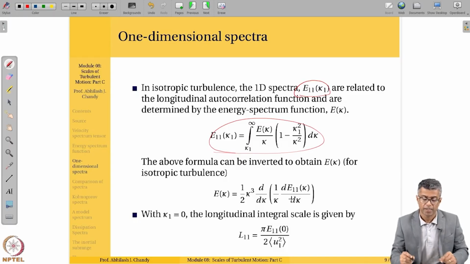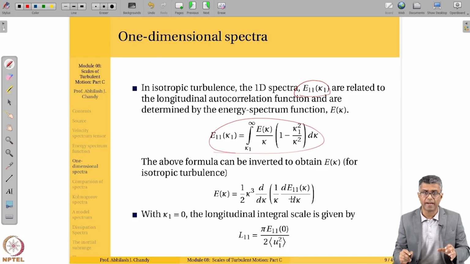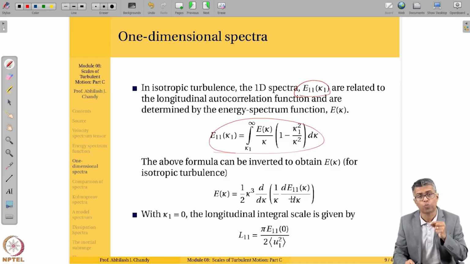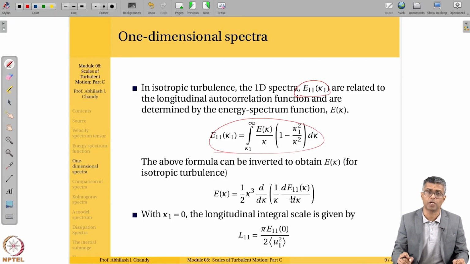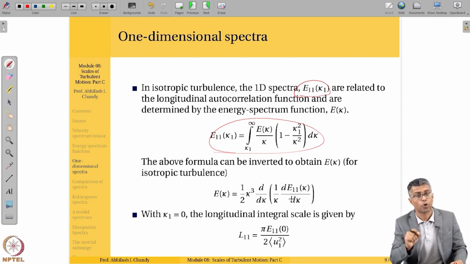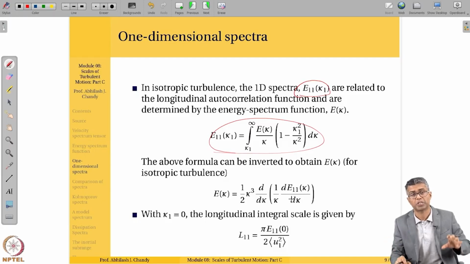So here we started by deriving the 1D spectra from the longitudinal autocorrelation function. Why longitudinal? Because direction 1 is the longitudinal direction. Since it is 1, 1, it is autocorrelation as opposed to the 2-point correlation leading to the velocity spectrum tensor.